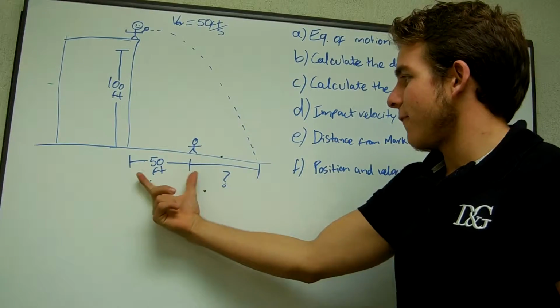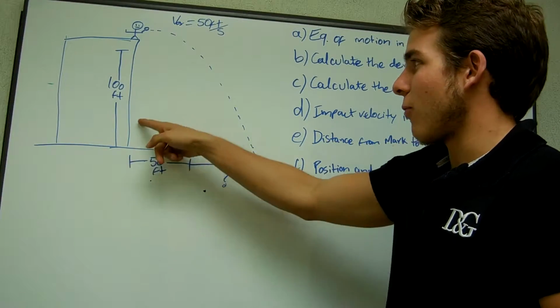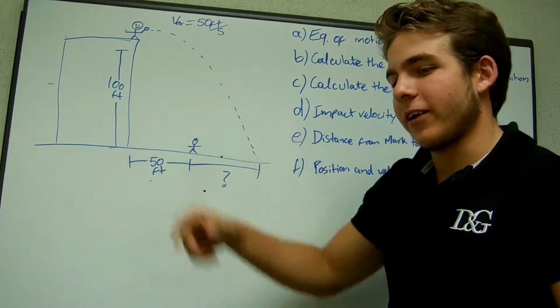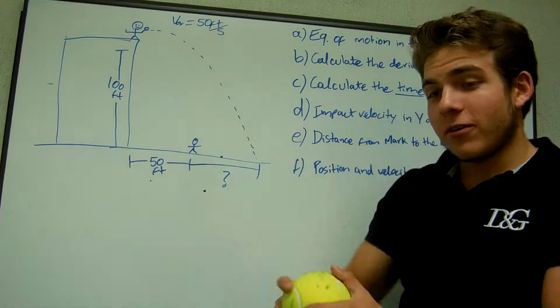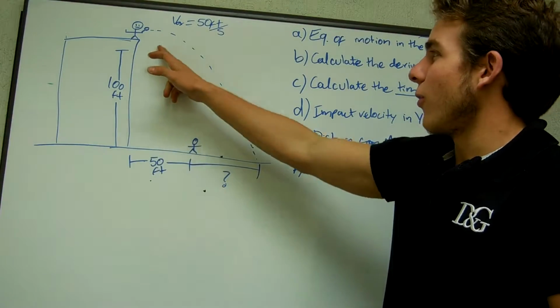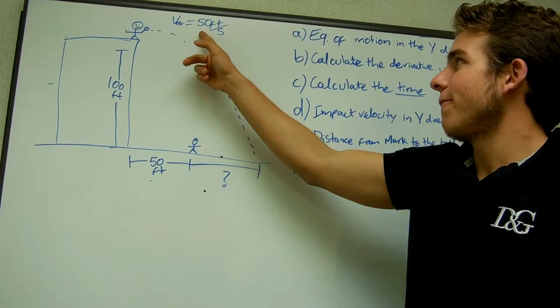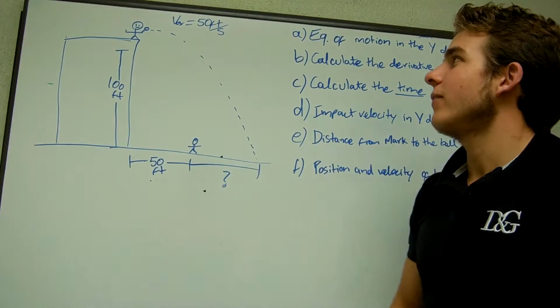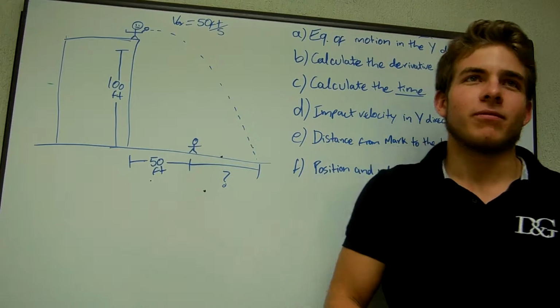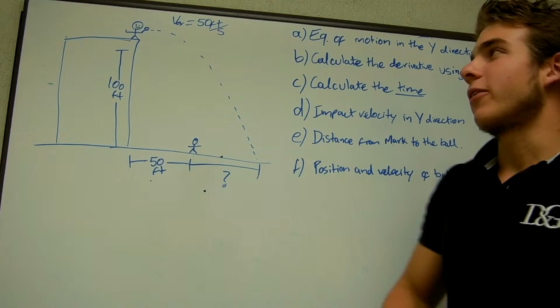Tom just saw Mark 50 feet away from a 100 feet tall building. So he threw the ball horizontally at a speed of 50 feet per second.